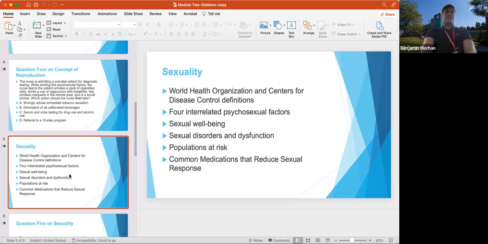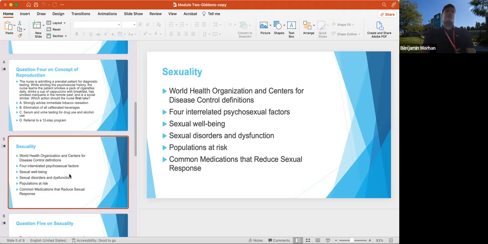And then the Center for Disease Control, CDC, defines sexuality as the state of well-being in relation to sexuality across the lifespan that involves physical, emotional, mental, social, and spiritual dimensions.